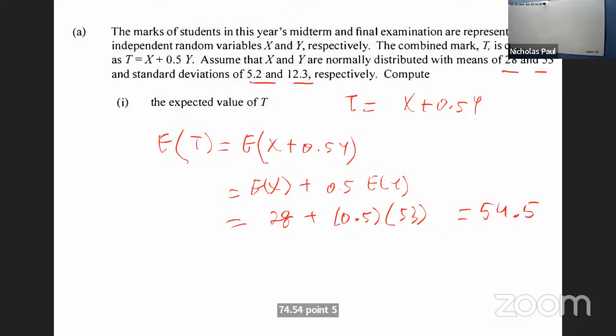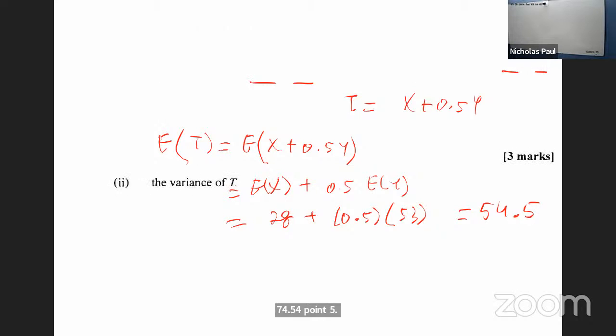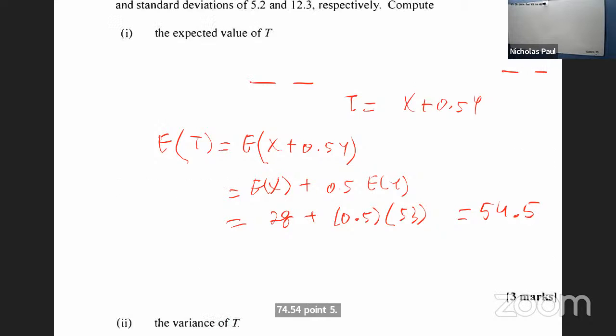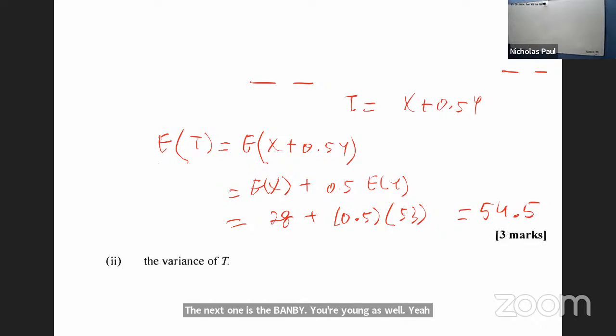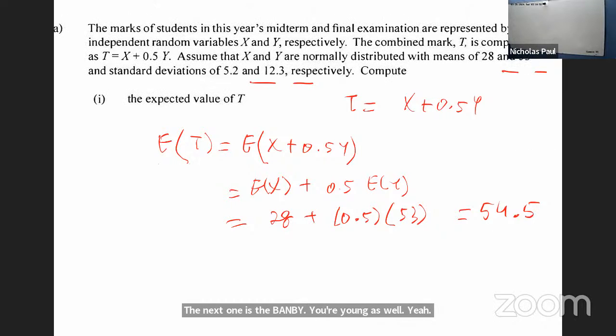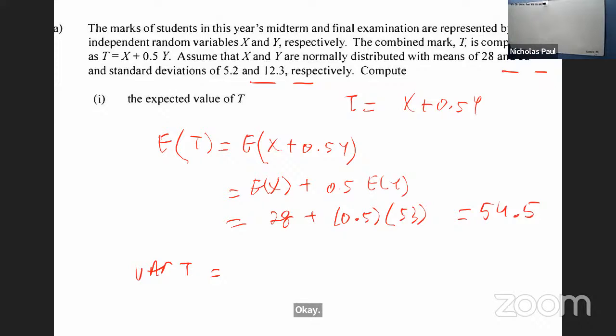Okay, the next one is to find the variance. Go back to the table and tell me what the formula would be for variance of T. Right, tomorrow we'll do a few more types with it.